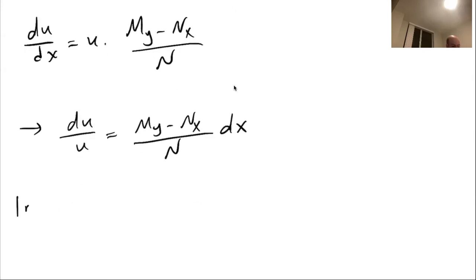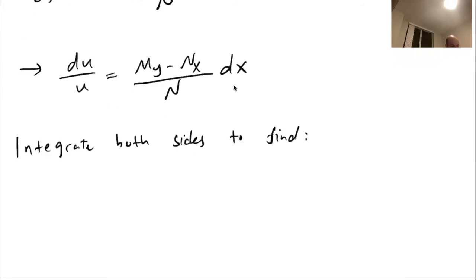And then integrate both sides to find u. Then u will be equal to e to the power of the integral, because this will be ln u equals this.